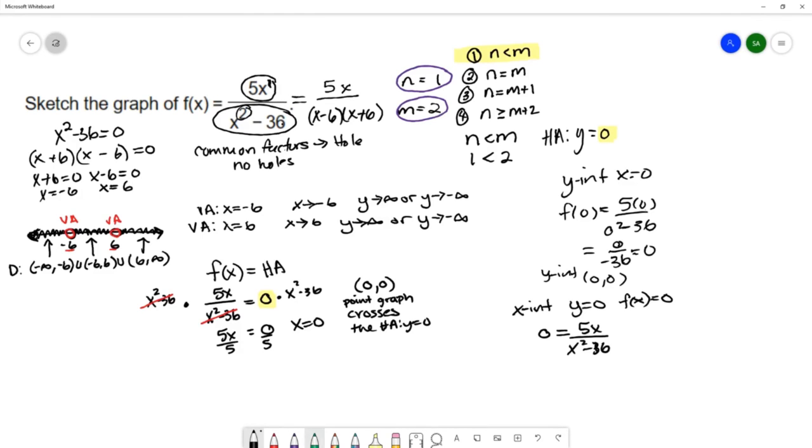That happens to be the same equation that we just solved over here. So we already know the solution to that equation is going to be 0, 0. So we have 0, 0 being an x-intercept. It's also the point where the graph crosses the horizontal asymptote, and it's also the y-intercept. So we've seen that 0, 0 show up in those places.